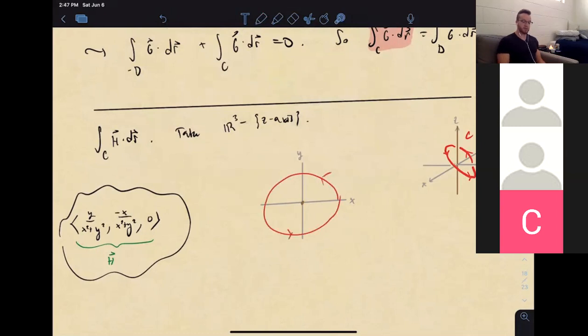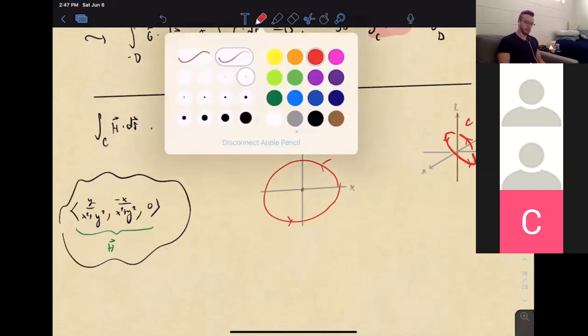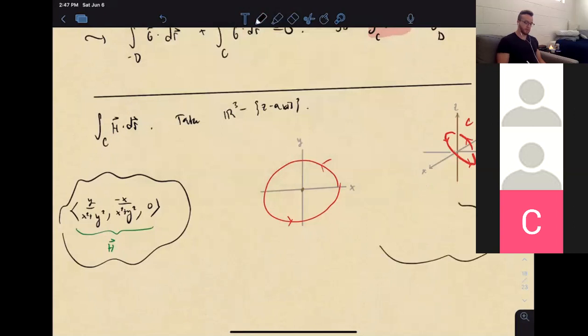So pretend that you're flying up here and looking down that way. It would look counterclockwise. So I'll ask you again, but be careful now. What is the integral of H over C?